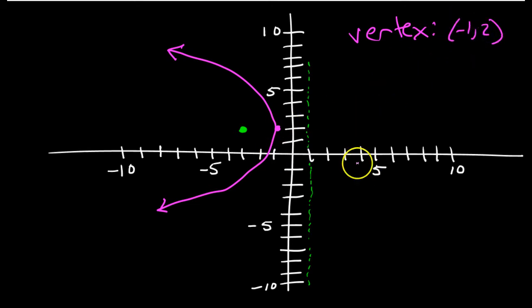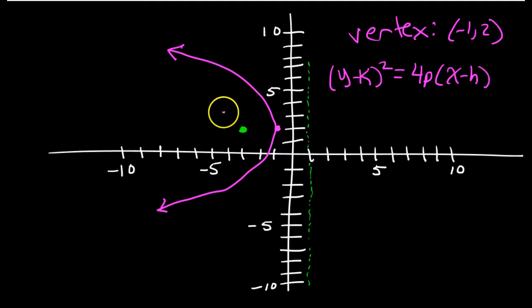So I can begin to write the equation now, because when I'm dealing with a sideways parabola, I always know that the standard form will be y minus k squared is equal to 4p times x minus h, not squared. If it's sideways, the y part is first.